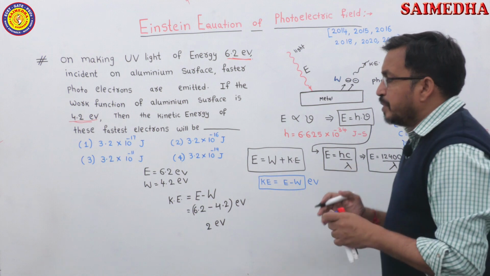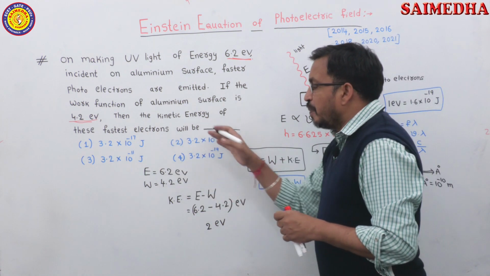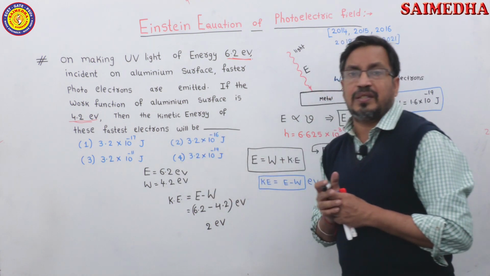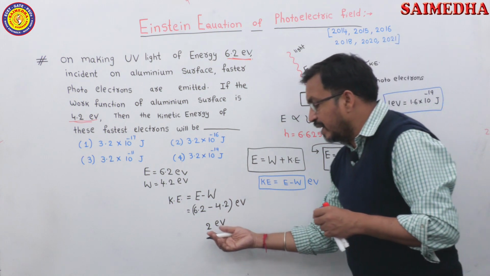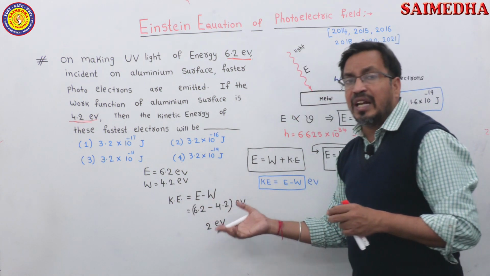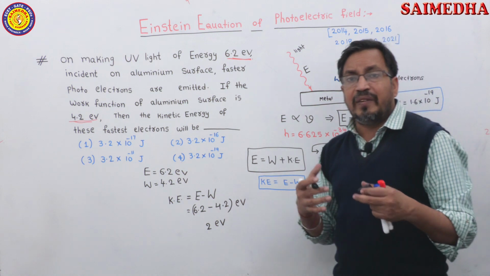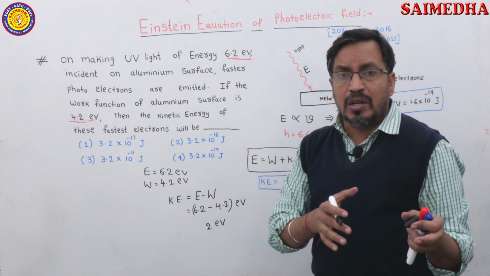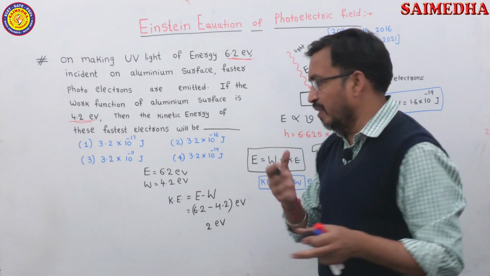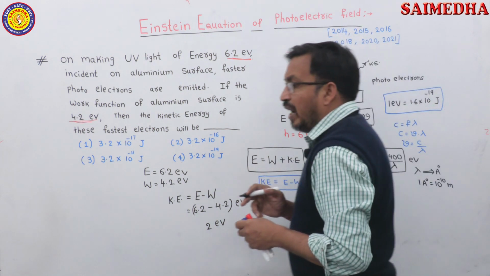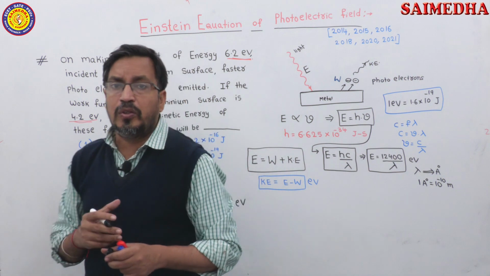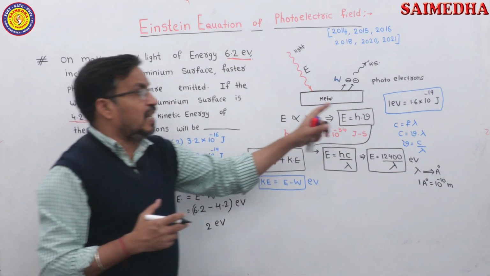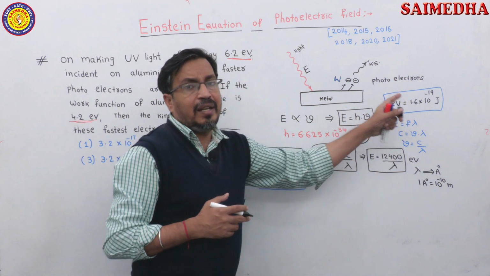But in the options, all options are given in joules, while the kinetic energy value is in electron volts. So to convert electron volts into joules, we require the formula: 1 electron volt equals 1.6 into 10 power minus 19 joules.